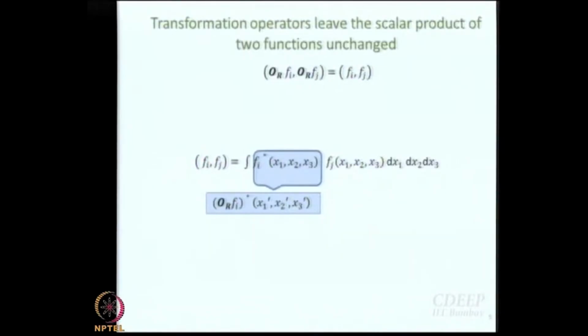Fi star in terms of x1, x2, x3 is ORFi star in terms of x1 dashed, x2 dashed, x3 dashed. Transformed function in transformed coordinates is the same as original function in original coordinates, right.